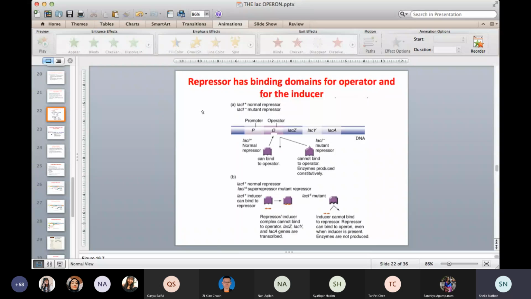Unfortunately, the lactose now cannot bind to the repressor to stop it from switching off the operon. So the repressor is still free to bind to the operator and switch off the operon. Sooner or later, because the cell is lacking any glucose to make ATP, the bacterial cell is going to die.